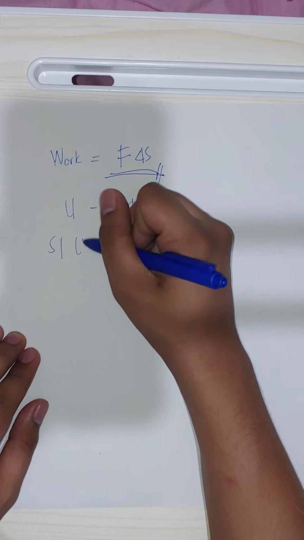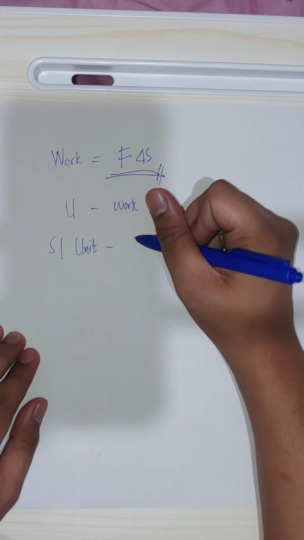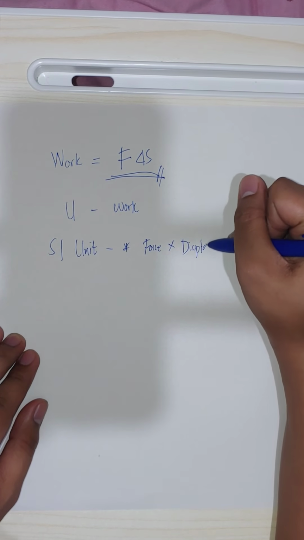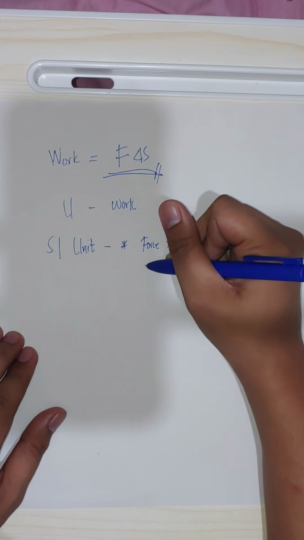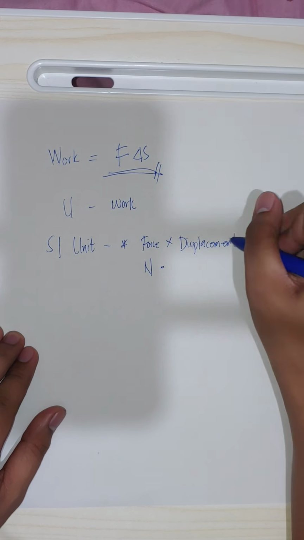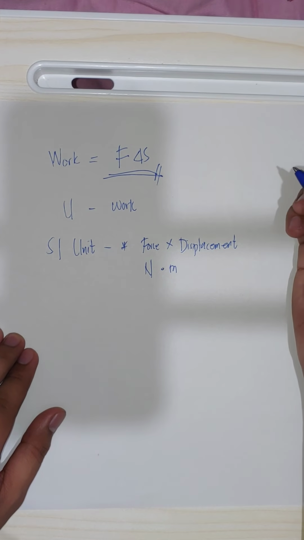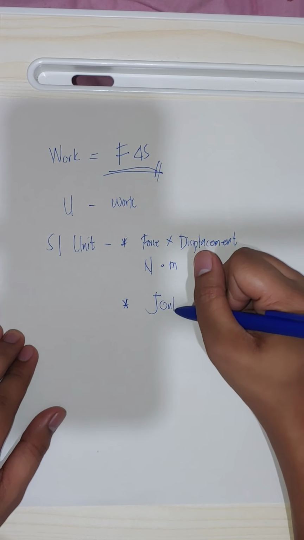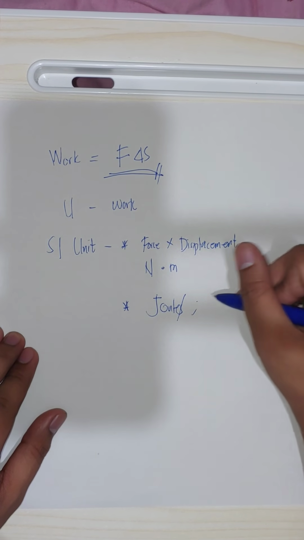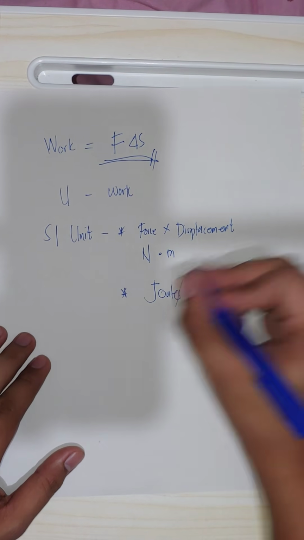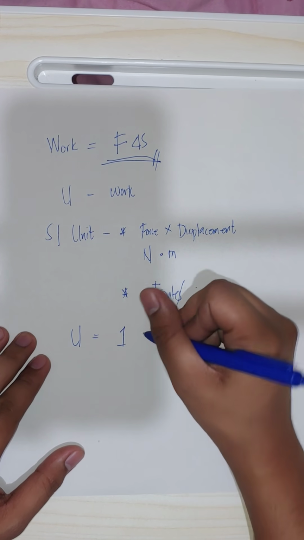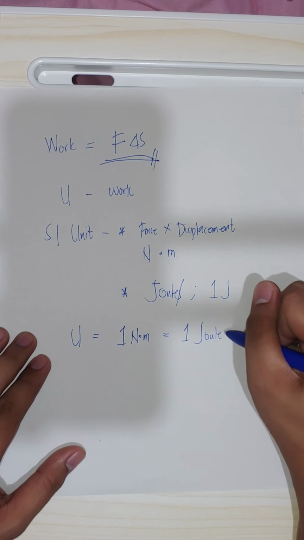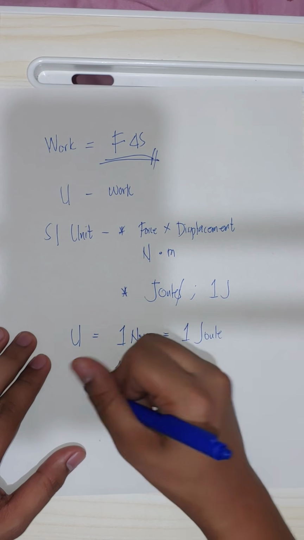What is the SI unit of work? Since work is force times distance or displacement, and the unit of force is Newton and the unit of displacement is meters, Newton times meter for work is joules. Joule, the symbol is J. So 1 Newton meter is just equal to 1 joule, or 1 J.